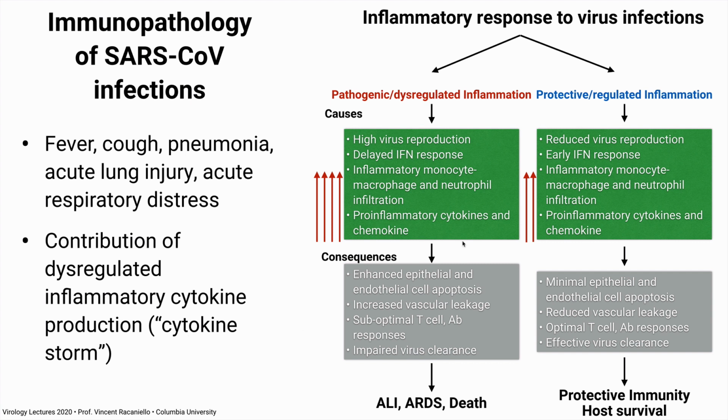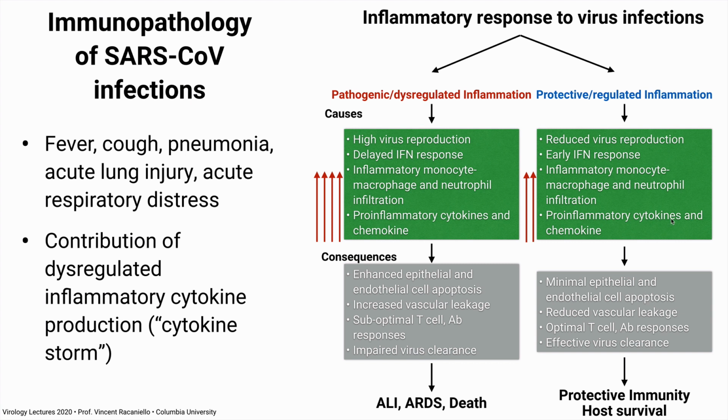And that's illustrated on the right here, where we have the two consequences of responses to virus infection. So we have a normal outcome where we have a protective and regulated inflammation. We have inflammatory response to a virus infection. You have reduced virus reproduction. You have an interferon response. You have infiltration of cells that protect against infection, that resolve infection.